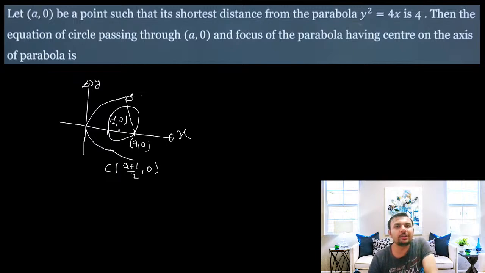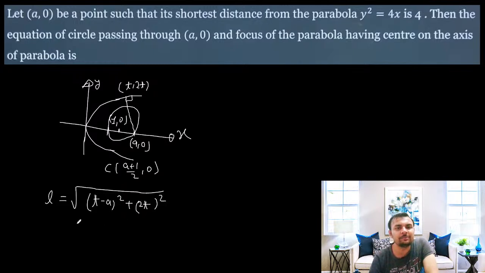Okay, so if we consider this point as t, it will become 2t. So length is equal to root under t minus a whole square plus 2t whole square. This should be minimum. So 2t minus a plus 8t should be equal to 0. So we can say that 10t equal to 2a.